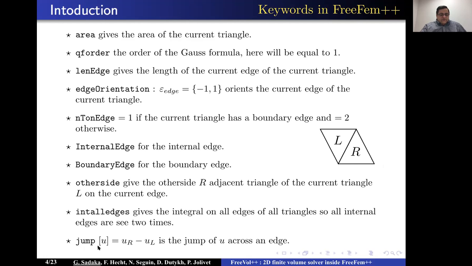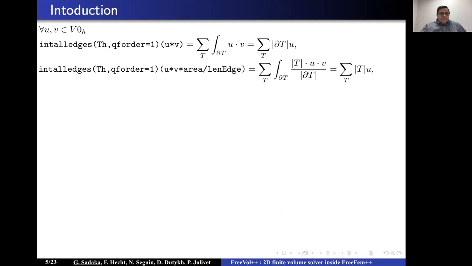And the function jump is for the jump of u across an edge, so it's UR minus UL. So when we have this formulation, the sum over all triangles T of the integral on the boundary dT of u times v, we can write it like int all edge, Th, qf order equal to 1, u times v.